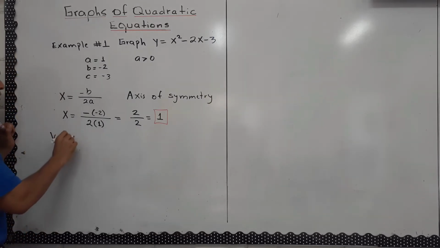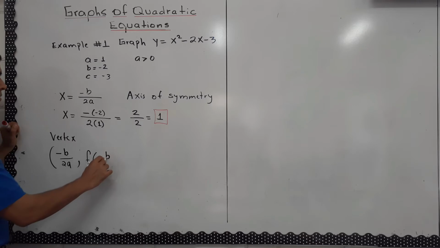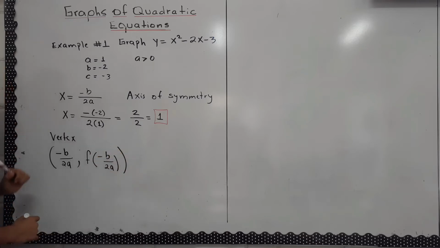For the vertex, I gave you a formula. The formula was negative b divided by 2a, comma, and in the function you evaluate this result. So it's going to be negative b over 2a, and close the parentheses.